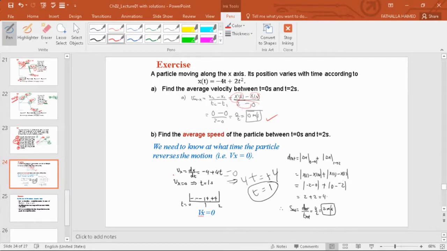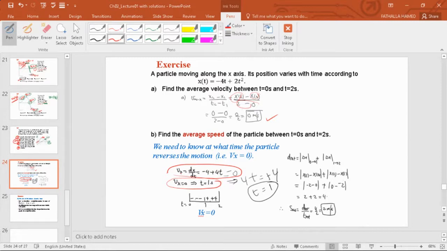So if you take the Vx here, which is delta x by delta t, it will give you minus 4 plus 4t. And if you equate that to 0, that will happen only when t is equal to 1 second. And this is where you have to be careful. Okay. So at t equal to 1 second, you stop and you come back.